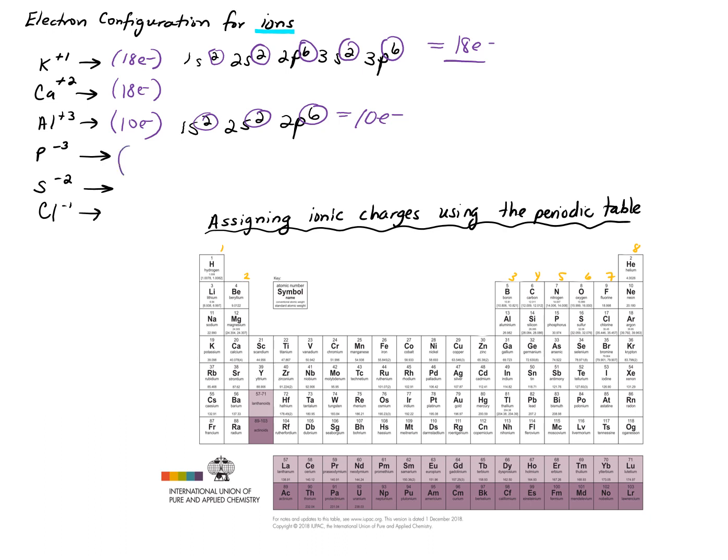Next one, I have P-3, so phosphorus with a charge of -3, or the ion of phosphorus. We check in the periodic table: P is element number 15. When you have the ion of P with the charge of -3, the negative sign indicates that the element is gaining electrons.